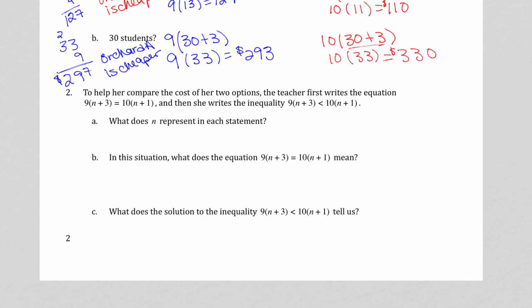So n represents the number of students. Okay? In this situation, what does the equation, 9 times the quantity of n plus 3 equals 10 times the quantity of n plus 1, mean? This is going to mean at this value of n, the orchards cost the same.